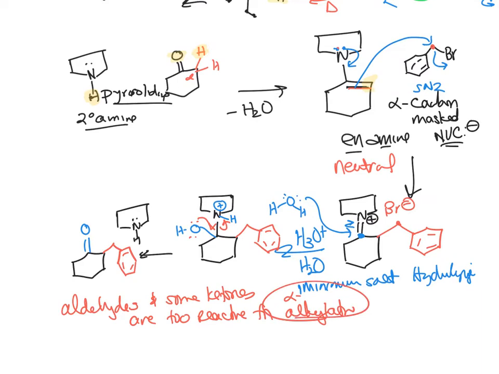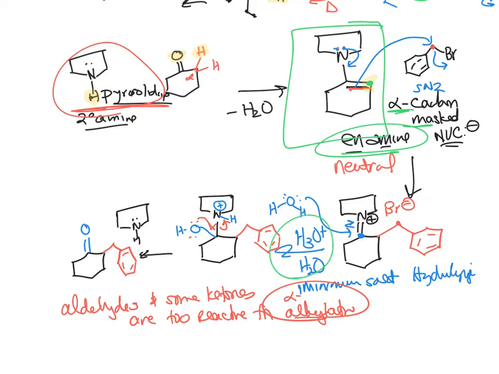So one of the ways to do this is to mask with a secondary amine, and then you are able to generate the alpha carbon nucleophile through this protected enamine. And then you just treat it with some acid and water. You can actually do that in your separatory funnel. They're a little less reactive than your typical aldehyde or ketone enolate.